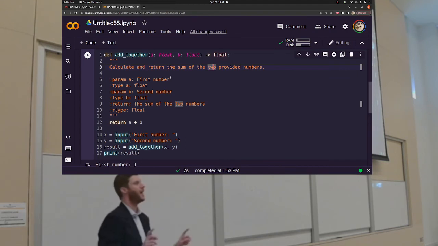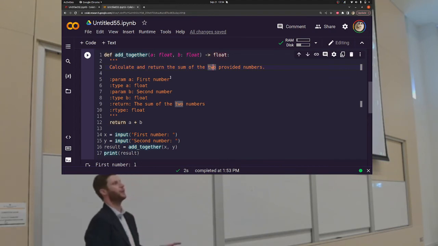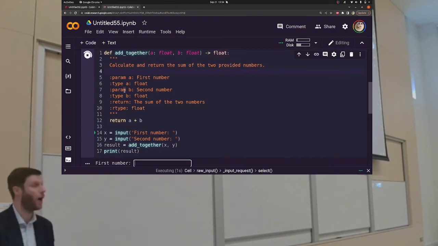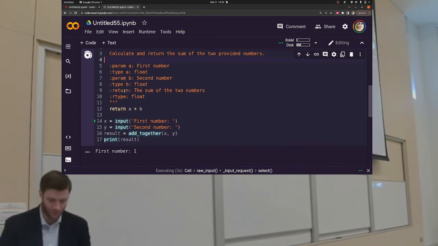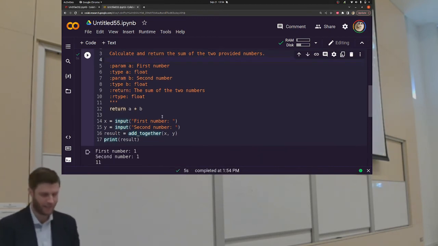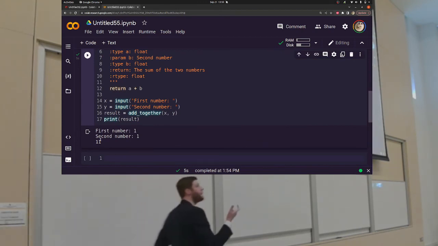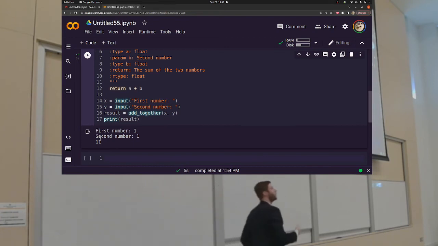Type hints will not stop you from using the function wrong. I added type hints. add_together is supposed to take two floats, but I can still provide it with two strings, and it'll still give me back a string. So, the type hints are there as a form of communication.